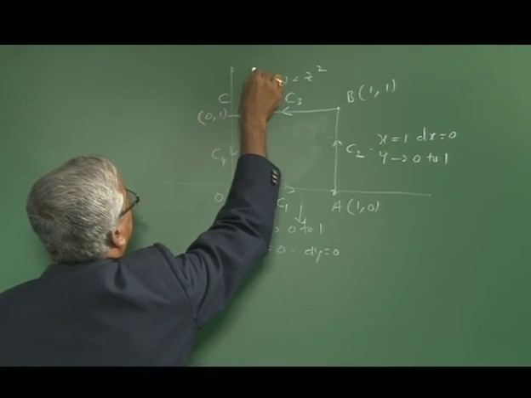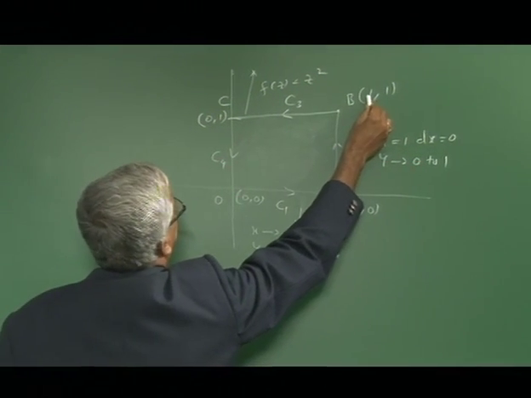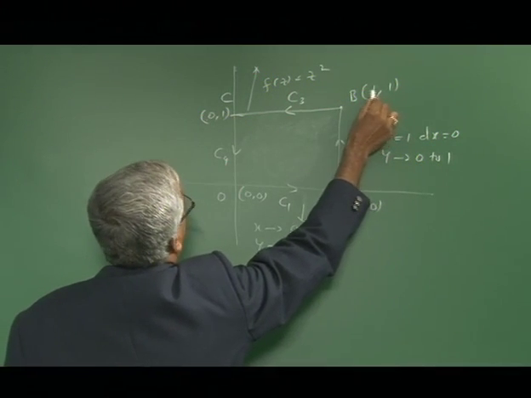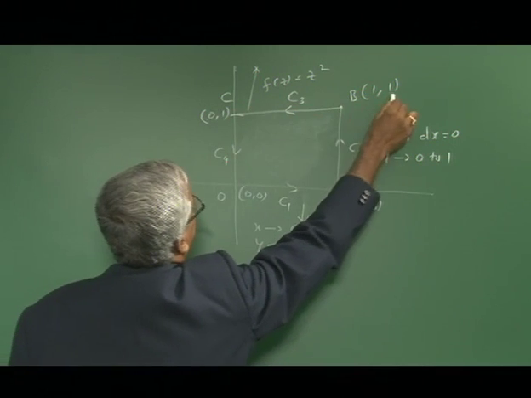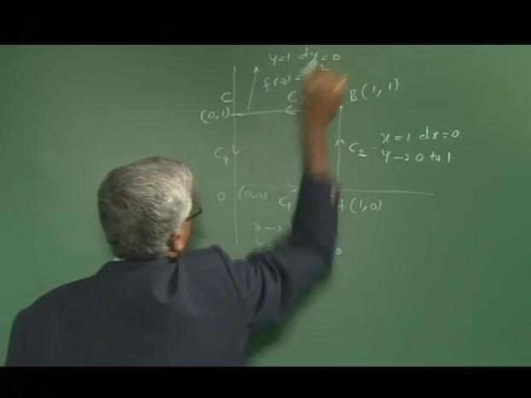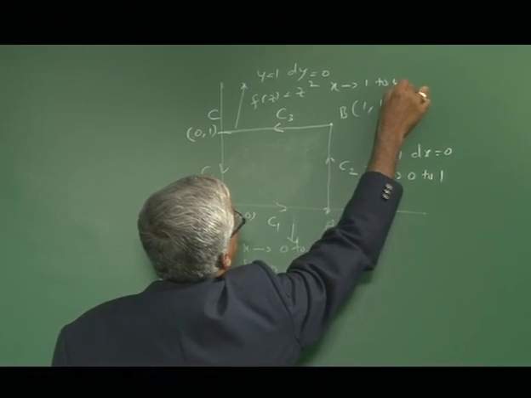In this curve, x varies from 1 to 0 and y is constant, so dy is equal to 0 and x varies from 1 to 0.